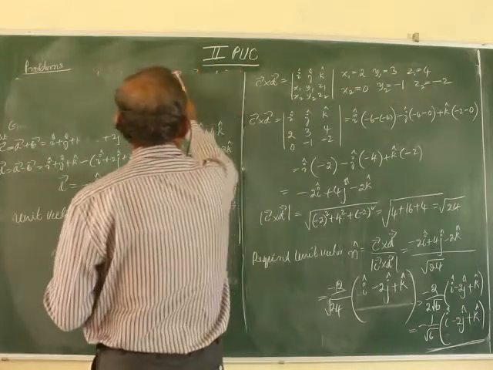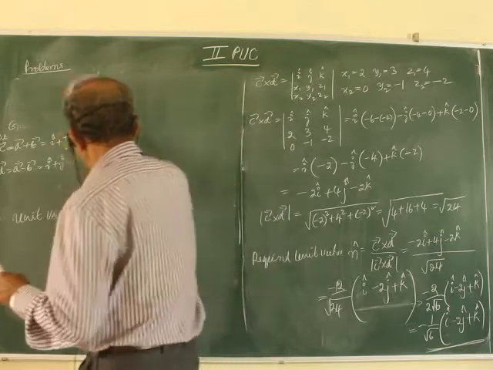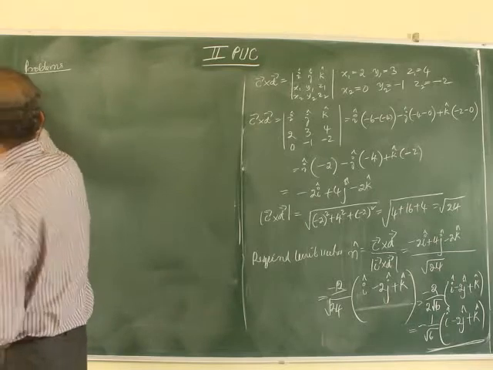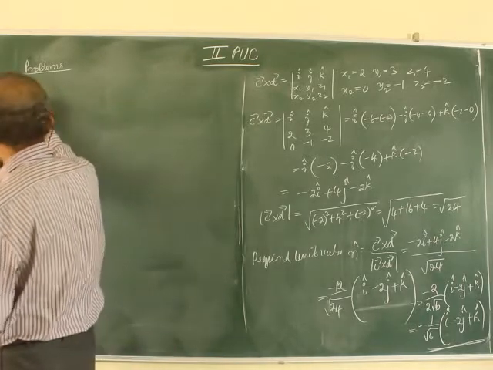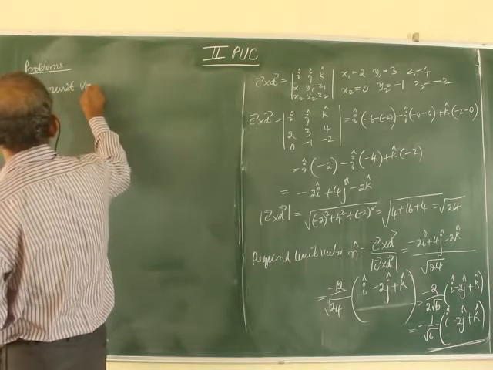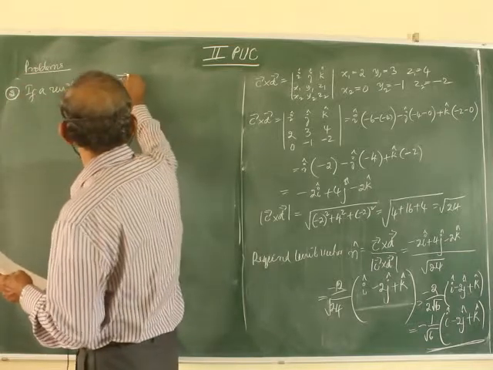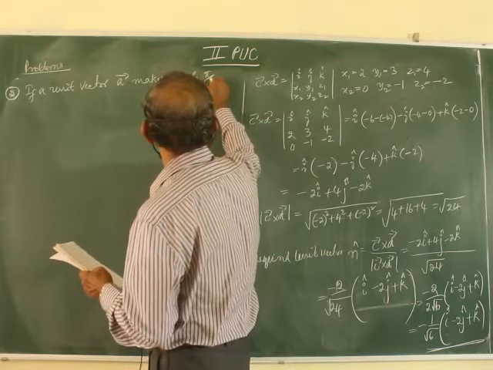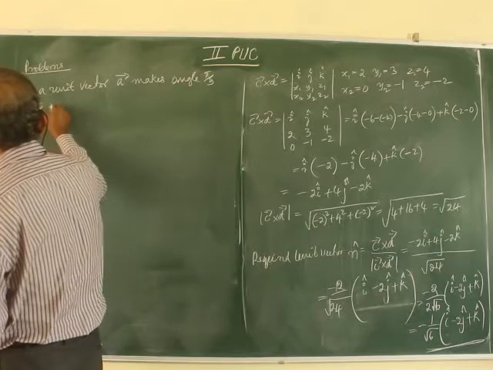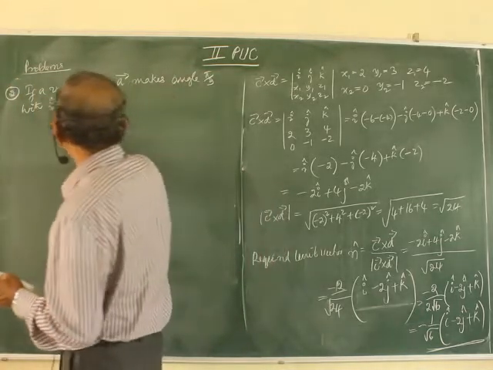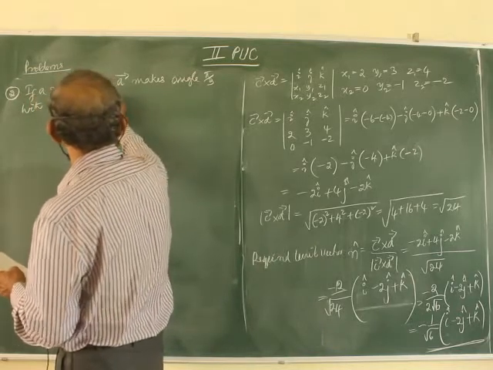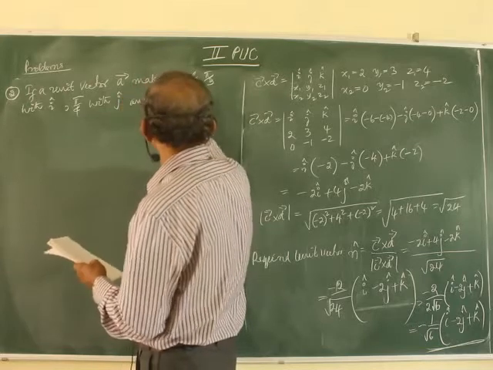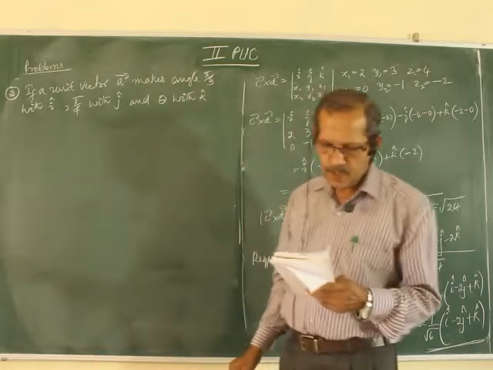Okay. Problem number 2. If a unit vector A makes angle pi by 3 with I, the unit vector along x-axis direction, pi by 4 with j, and theta with k, then find theta.